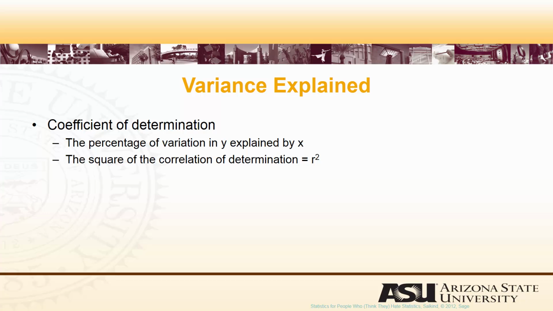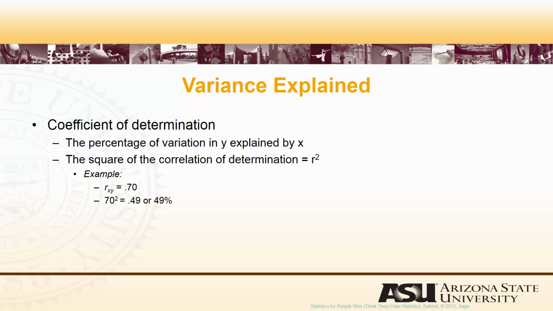So to reiterate, r is the correlation coefficient, r squared is the coefficient of determination. So for example, if the correlation coefficient equals 0.7, 0.7 squared equals 0.49, or 49%. So 49% of the variation in y can be explained by x.